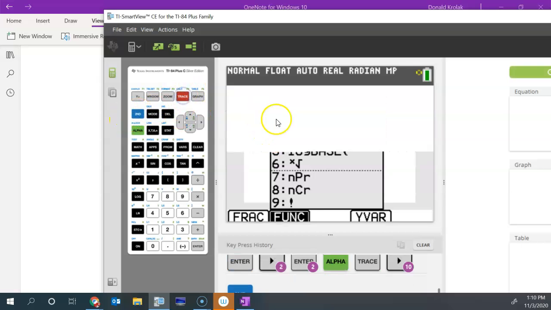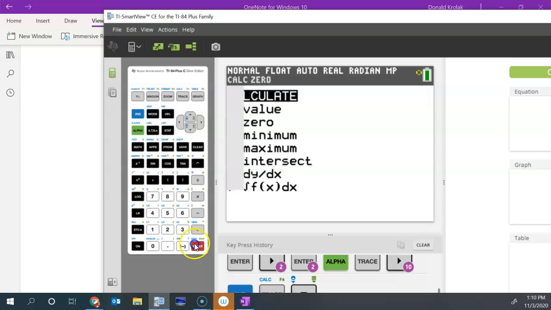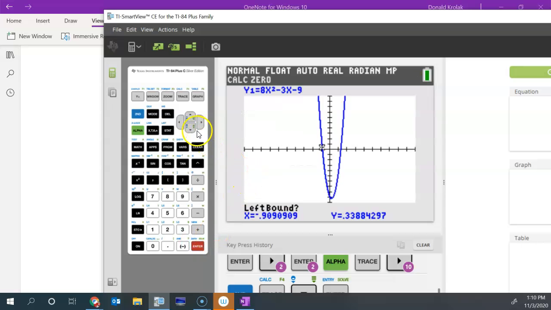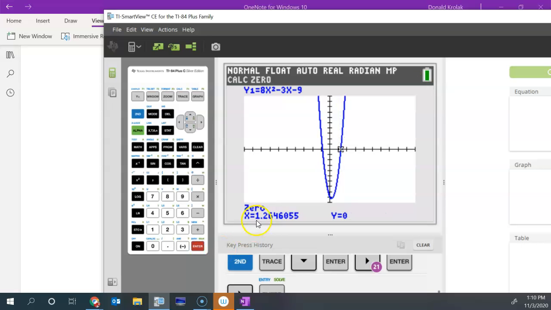Left bound, enter. Right bound, enter. Skip, enter. 1.26. That's my other one.